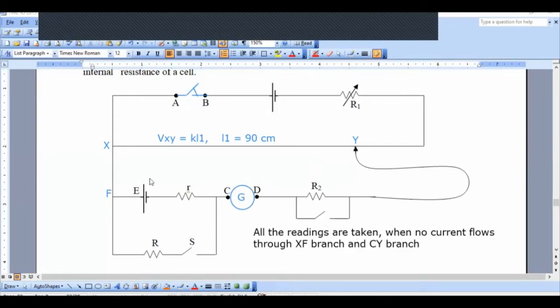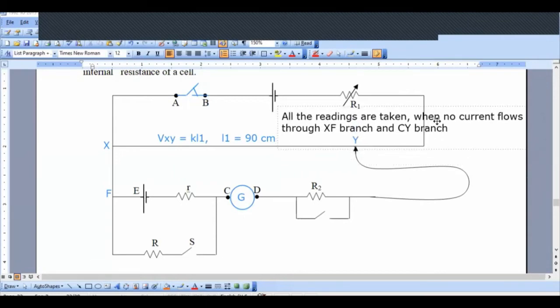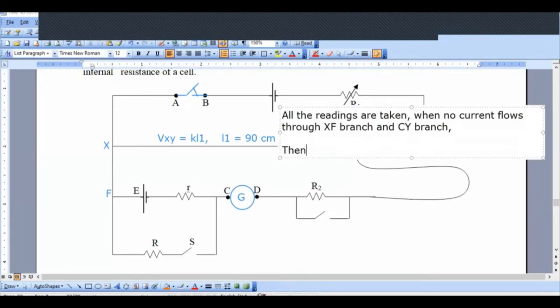So when no current flows through them, then we can write that the potential difference between X and Y, VXY, should equal to VFC.